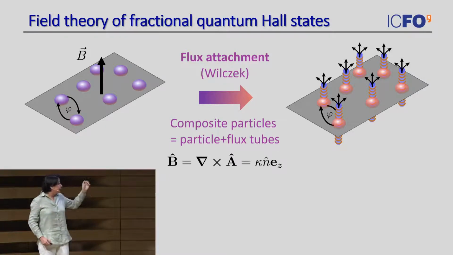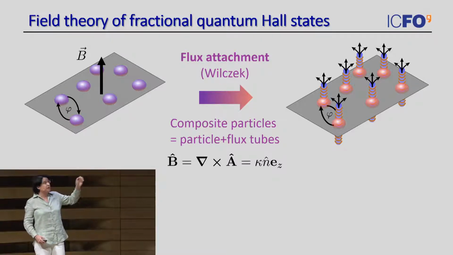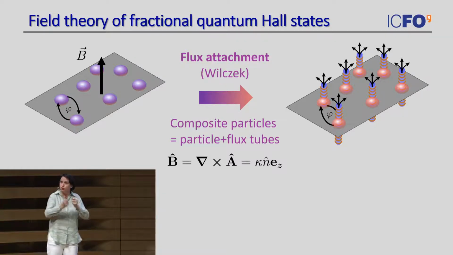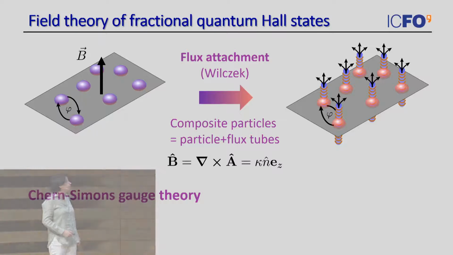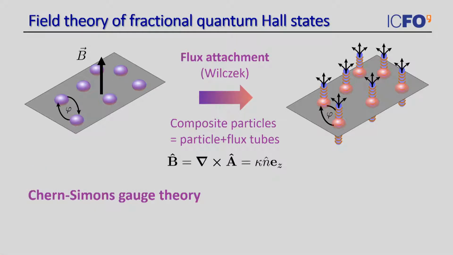And this magnetic field is proportional to the matter density, since these flux tubes are glued to these orange particles. So this is why this relation that I told you about before is called flux attachment, and it's actually the local conservation law of a theory which describes how these orange particles interact with the gauge field that gives rise to this magnetic field, which is nothing else than Chern-Simons gauge theory.